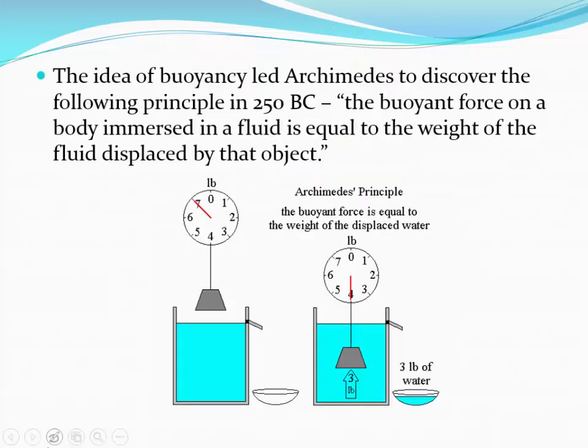All right, so this idea of buoyancy led Archimedes to discover Archimedes' principle. He named it that, of course, after himself. He says that the buoyant force on a body immersed in a fluid is equal to the weight of the fluid displaced by that object, which is what we just saw on the previous slide.